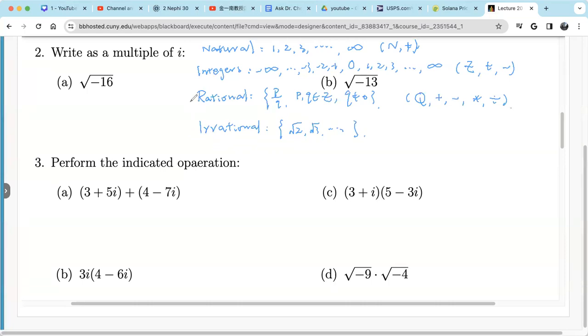So all those above numbers, rationals, irrationals adding together, we call real numbers. Real numbers are defined as if a number multiplied by itself cannot be negative. It has to be at least 0. But then gradually, we have something called imaginary number.